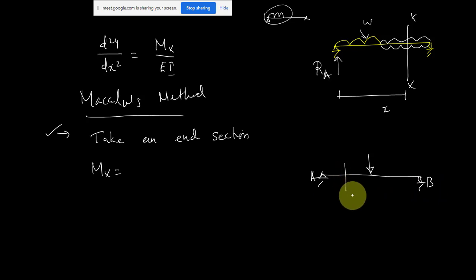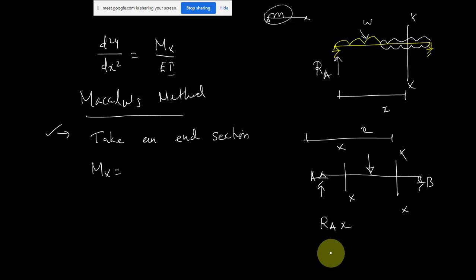If you take a section here, your moment equation will be only Ra into X. But if you take a section beyond the load, with this X, your moment equation will be Ra into X minus W into (X minus L by 2), if the load is at the center.